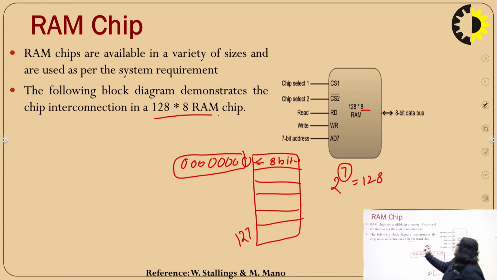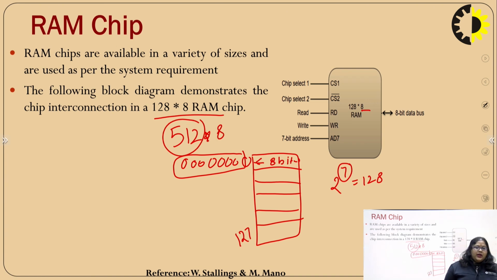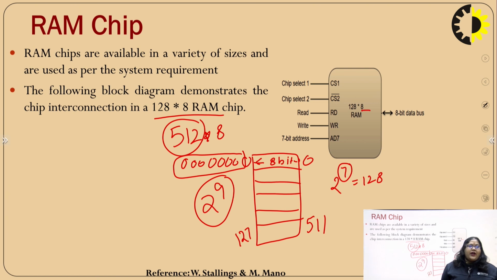In this example we use 128 into 8. For example, if the size of RAM is 512 into 8, then we have 512 words in the memory. The first word is 0 and the last word is 511. And what are the address bits? It is 2 to the power 9, because 2 to the power 9 equals 512.